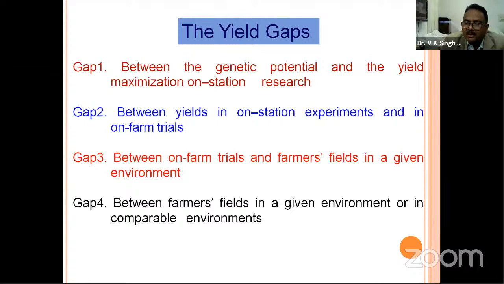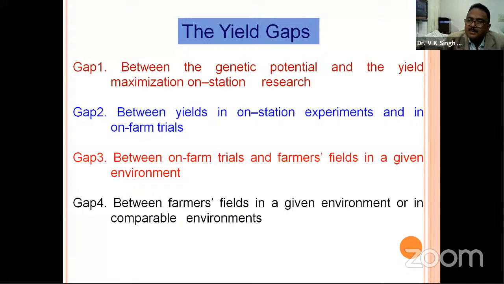Many times you might have heard that wheat yield is 8 ton. That is potential yield in a given climate. But if you grow the same wheat variety in your experimental farm at your station, you will get at least 10 to 20% lesser yield. That we call on-station experiment yield.